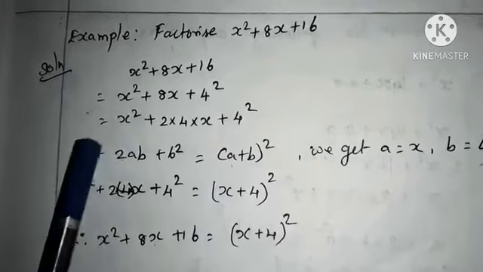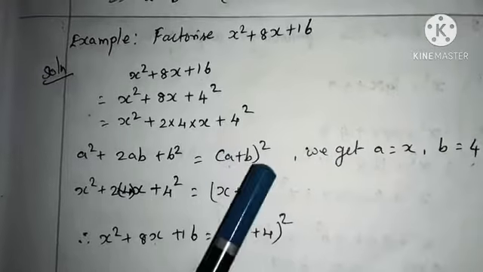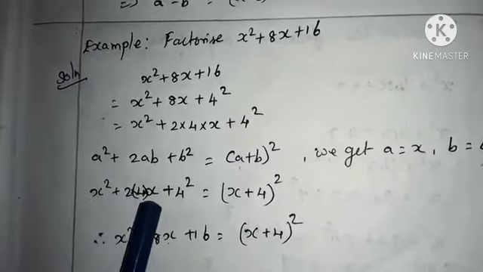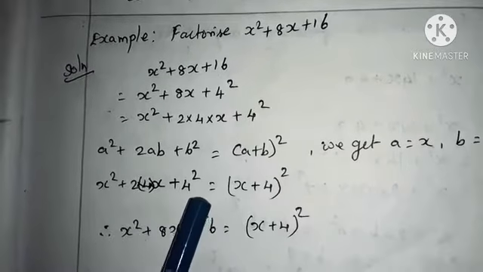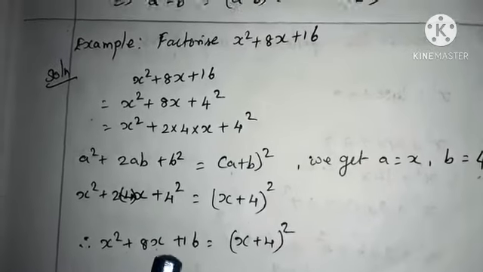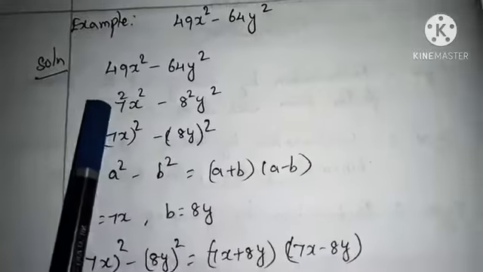Here a is equal to x, and b is equal to 4. If you substitute this in the identity, we get x square plus 2 into 4 into x plus 4 square is equal to x plus 4 whole square. Therefore, x square plus 8x plus 16 is equal to x plus 4 whole square.